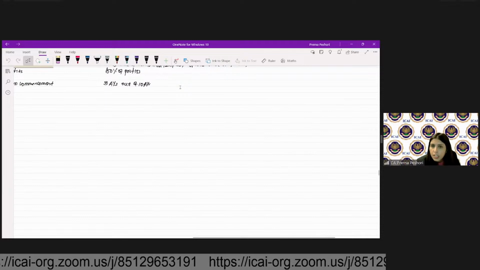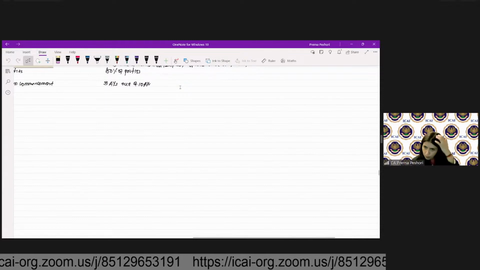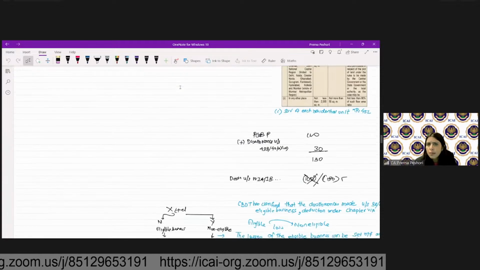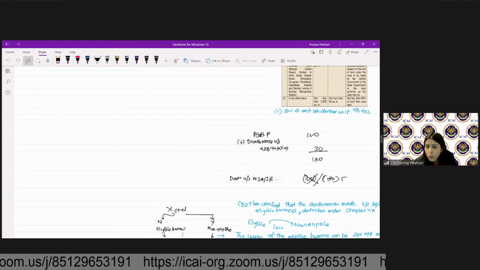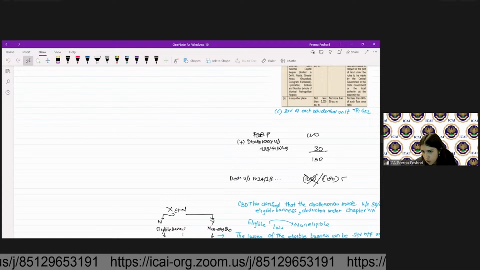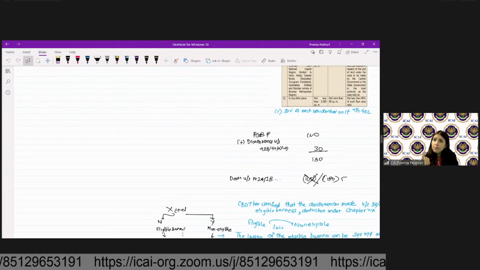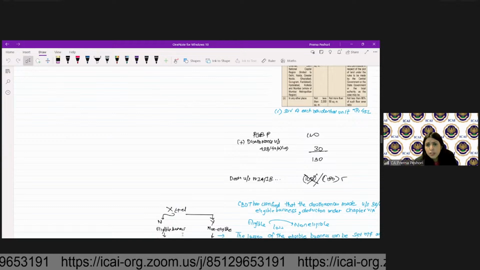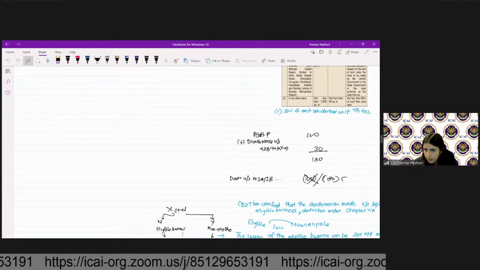Are we clear? Then there is one more important point, that in case there are certain disallowances made under 43B, 40A, 40A(1)(a), 40A(2), all of those disallowances which are there, whether you will claim the 80-IA, 80-IB deductions on the income after disallowances, or prior to disallowances.